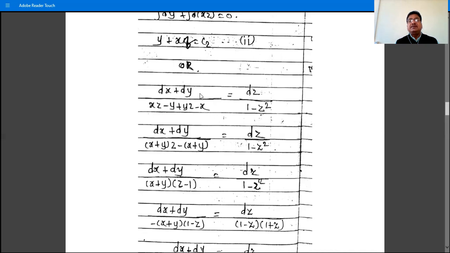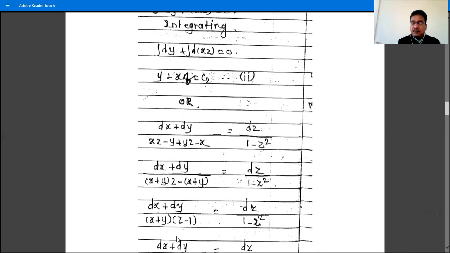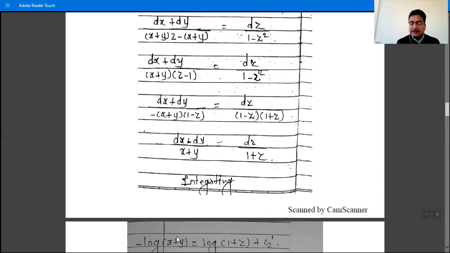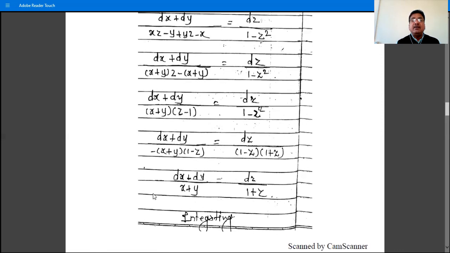That is, if the first methods fail, that is, if we find suppose multipliers, and if we have the ratio in this way that the derivative of the denominator is adjusted in the numerator. For example, in this factor dx plus dy, we have it divided by x plus y, after adjustment.